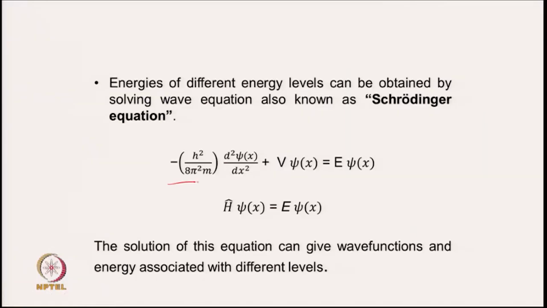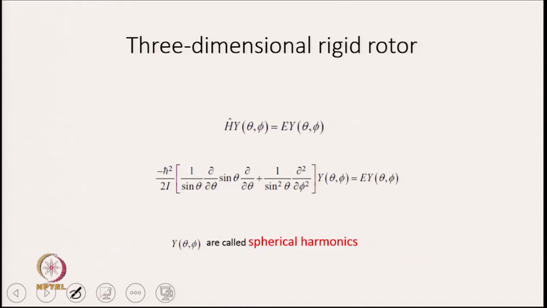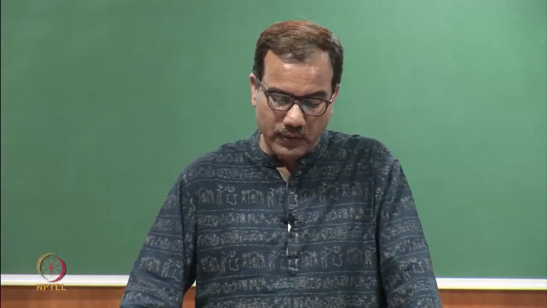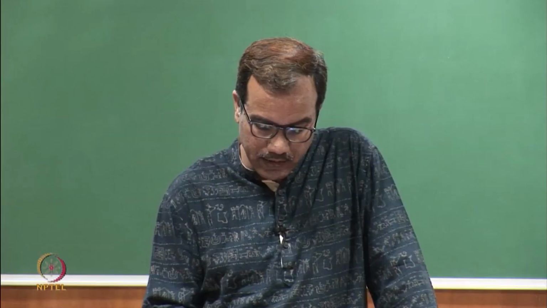So, this is the kinetic energy operator, and this is the potential energy operator. When they are applied on the wave function, what you get is the energy of the rotational levels. So, the solution of this equation can give you the wave function and the energy associated with different levels. For a 3-dimensional rigid rotor, the Hamiltonian will be given by this equation.